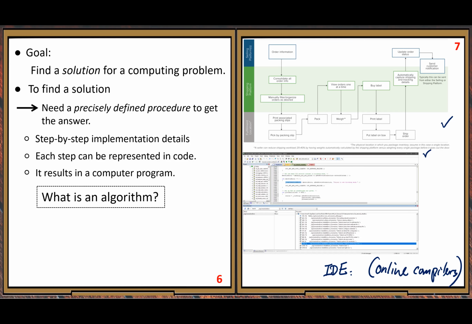Now, summary: what is an algorithm? Here we use the implementation point of view to look at the algorithm. It is a sequence of instructions. We need to generate a sequence of instructions to cover all the details of an algorithm. Each instruction should be unambiguous, and the meanings of everything should be very clear.